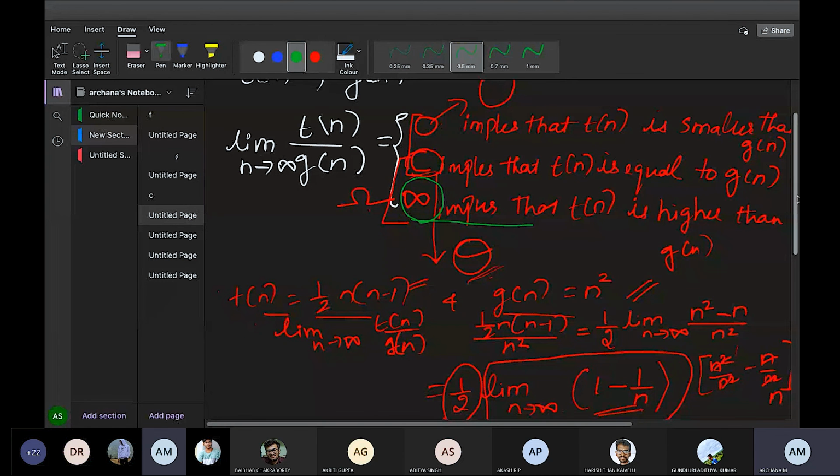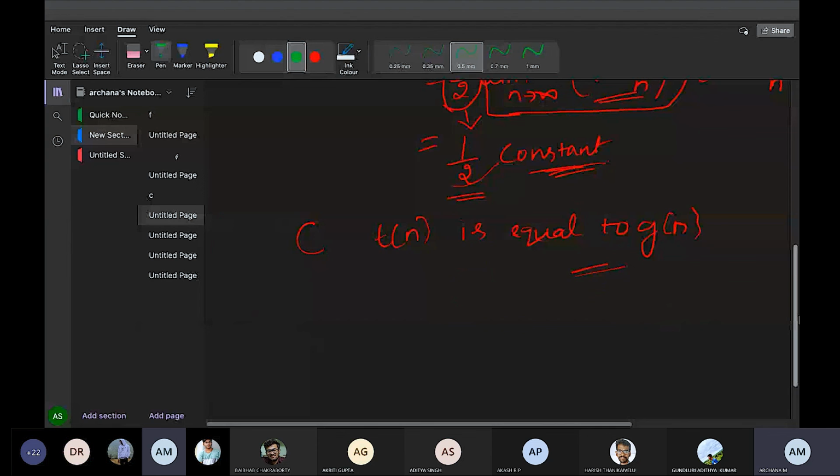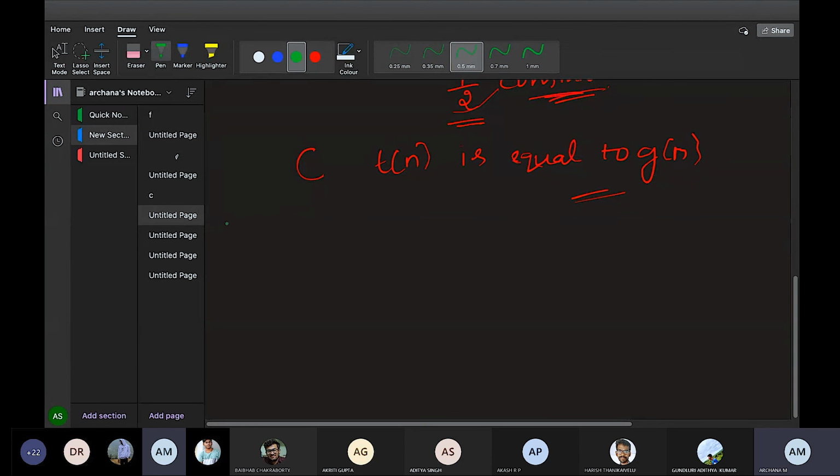Apart from this, sometimes you have infinity and you're not able to solve the problem properly. At that time they have given a very important formula for infinity: L'Hospital's rule. You have to write this one also.